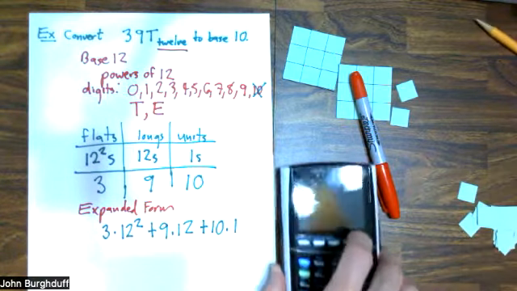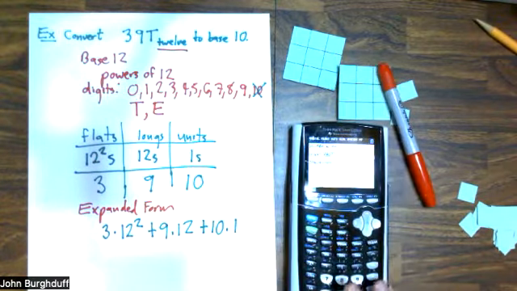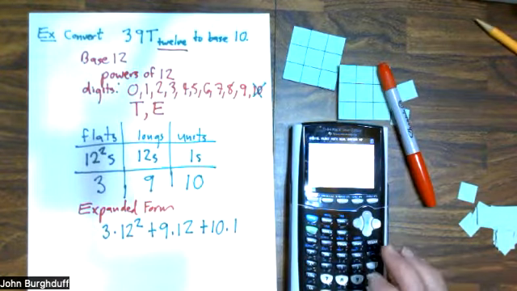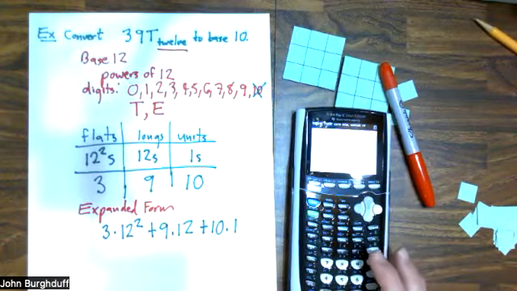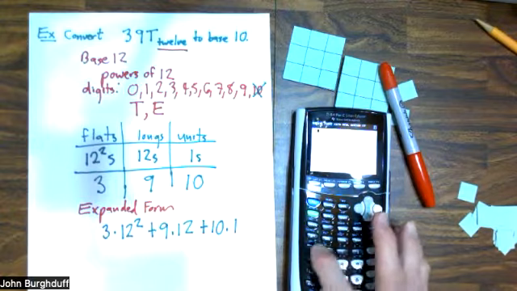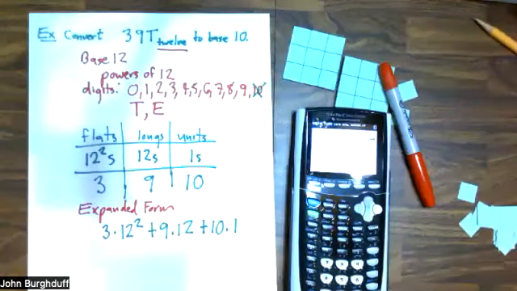May need a calculator for this, so let me get one handy here, and we'll do the calculation. So 12 squared, we punch that out, is 144.